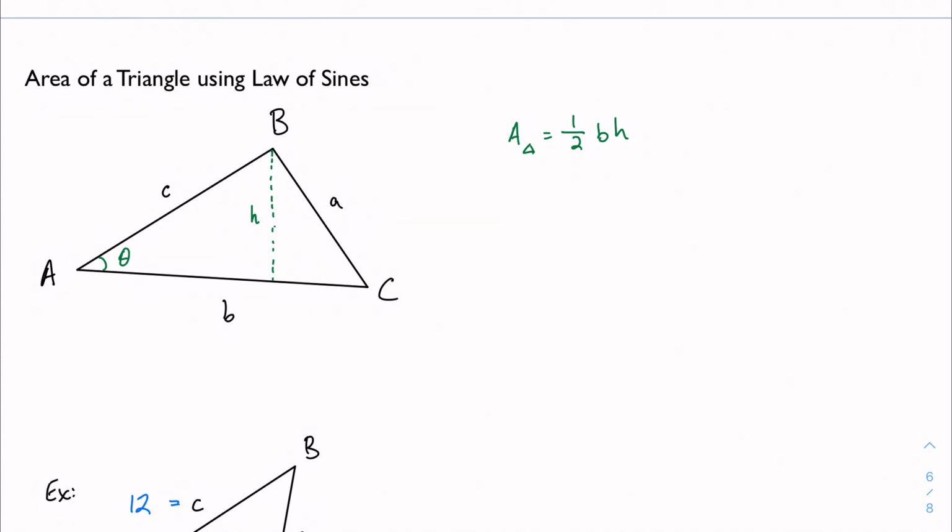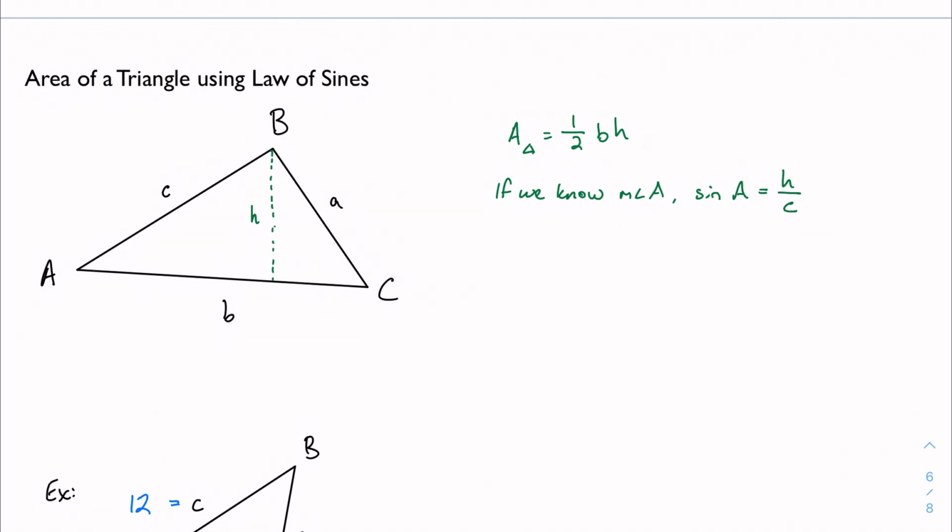We'll call it A. If we know the measure of angle A, then sine of A is opposite over hypotenuse, right? H over C.